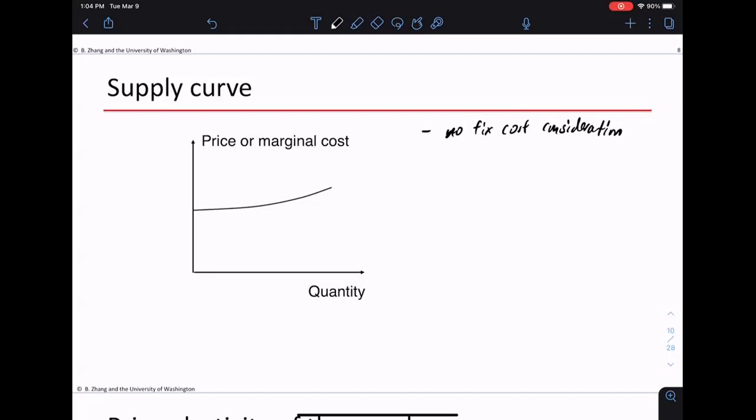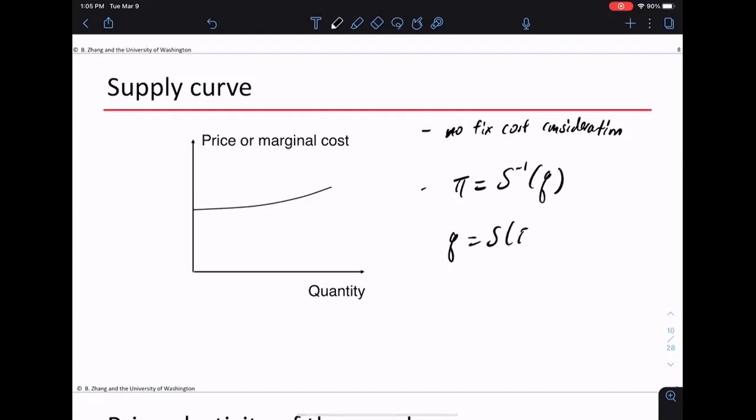So it looks like the variable cost. For example, for a generator, the more power you produce, the more fuel you need, and we become increasingly less efficient once we push closer to the capacity limit. A bigger plant may be more efficient, but here we're going to assume the plant is already built. Then your supply function is basically cost as S inverse of Q, or Q as S of pi.